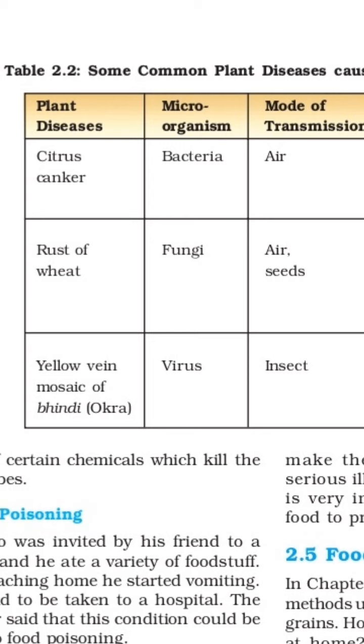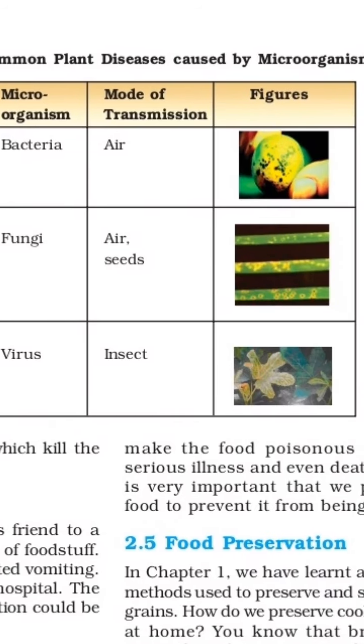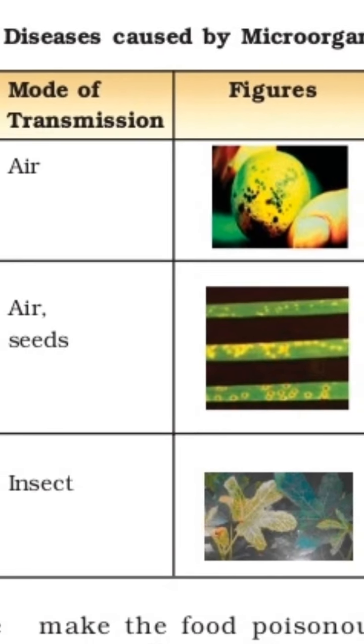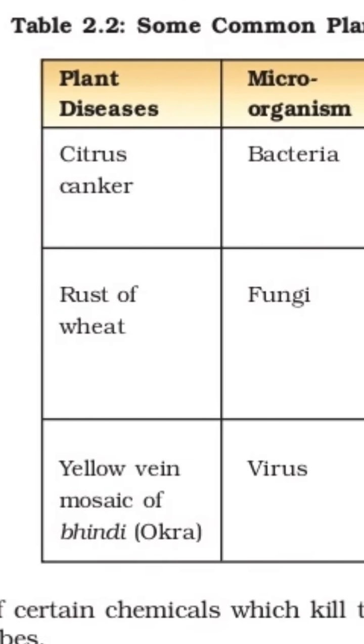Citrus canker: the microorganism is bacteria, the mode of transmission is through air, and the figure shows what happens to the fruit. Now the next one, rust of wheat. We can see rust of wheat in our home also. It is caused by a fungus.